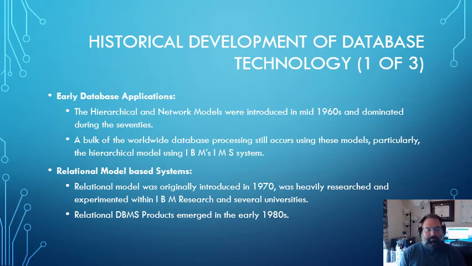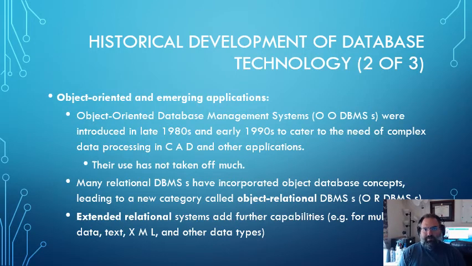The relational model was introduced somewhere in the 70s, and was heavily researched and experimented with at IBM Research and several universities. Relational database management products emerged in the early 80s. I would say at this point that most processing is occurring in relational systems, not necessarily in a hierarchical model, unless it's in a big data store.